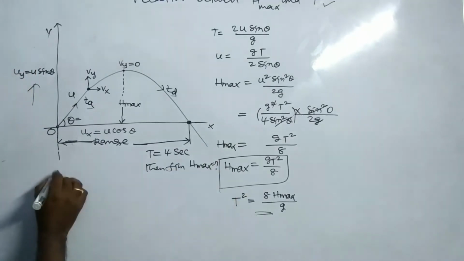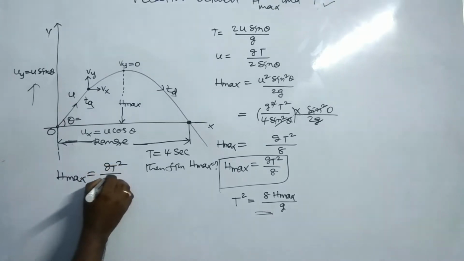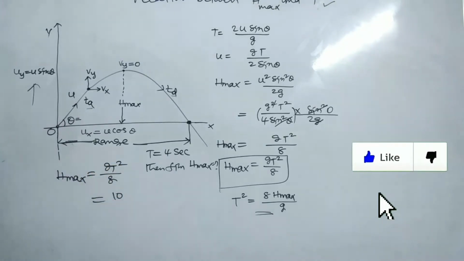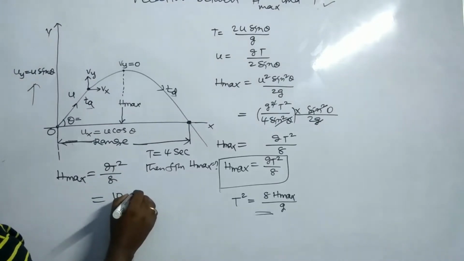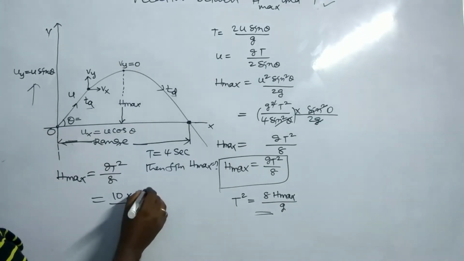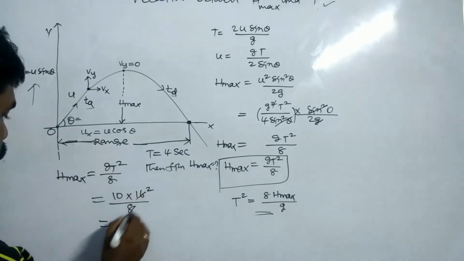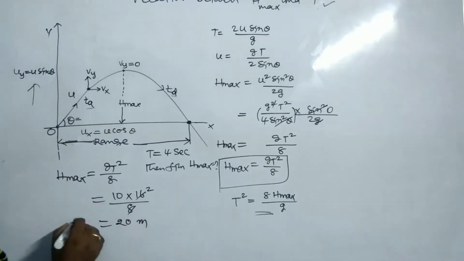How can we find that? H maximum is equal to gt square by 8. Here g is the acceleration due to gravity, 10 meter per second square, and t square is nothing but 4 square, which is 16 by 8, that is 2, and 10 into 2 is 20 meter. This is the maximum height of the projectile.